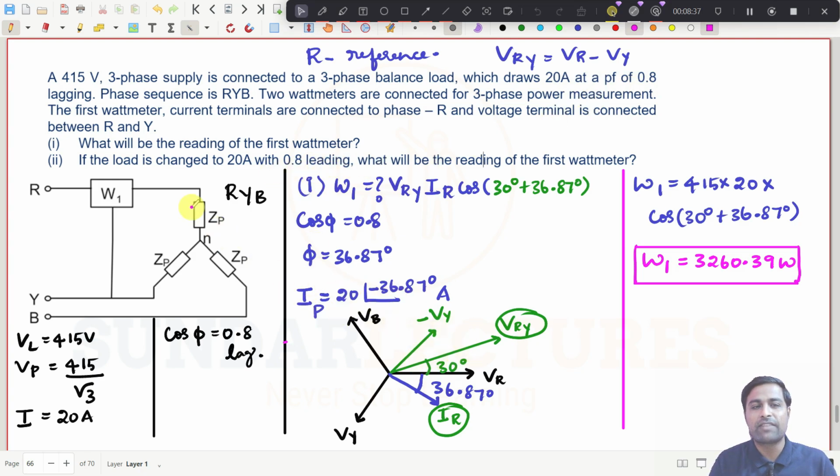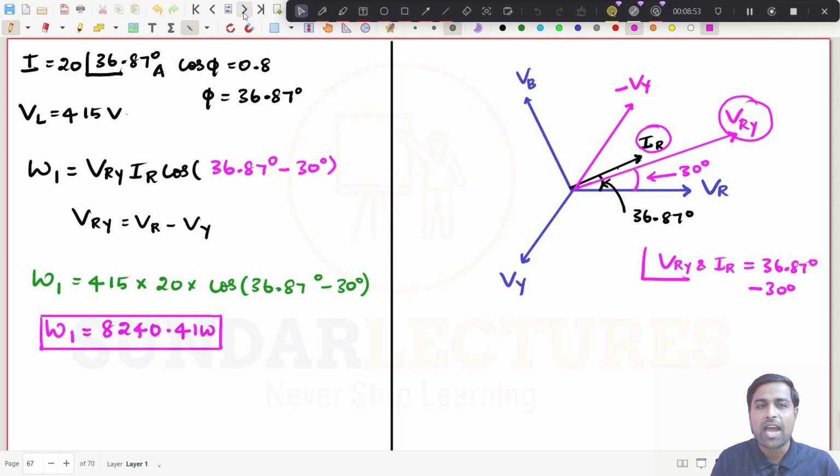So we have drawn the phasor diagrams where we need to find the angle between VRY and IR. We drew this for the lagging power factor and found W1. And here we have gone for the leading power factor, so current leads here, and again we have drawn this diagram and found the value of W1, right? So you go through this.